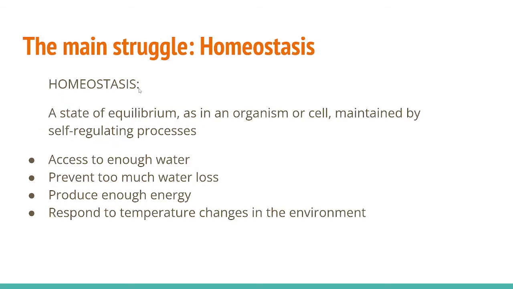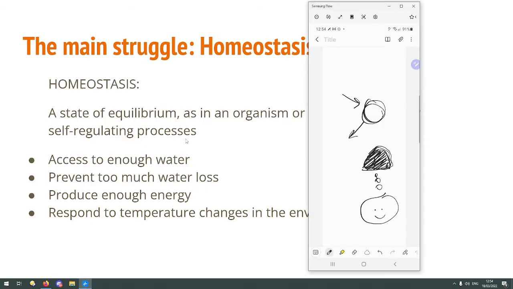For example, homeostasis is the state of equilibrium, as in an organism or cell, maintained by self-regulating processes. This is very important because that is what keeps us alive and functioning.